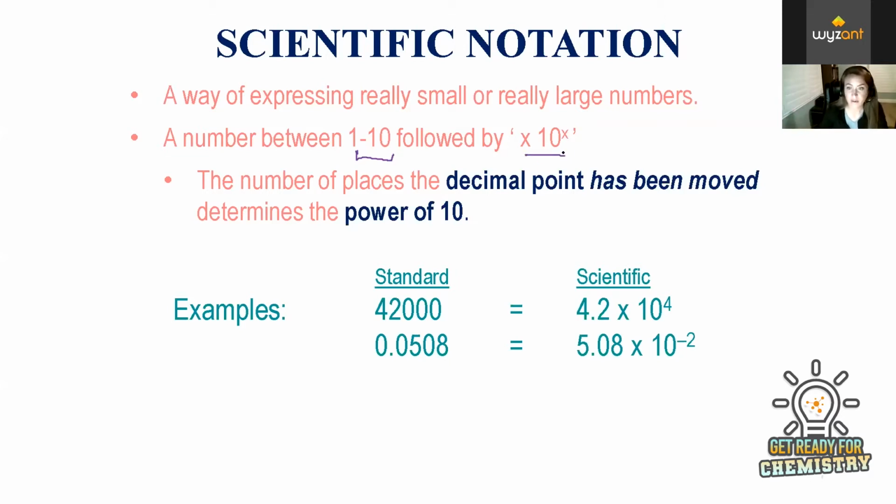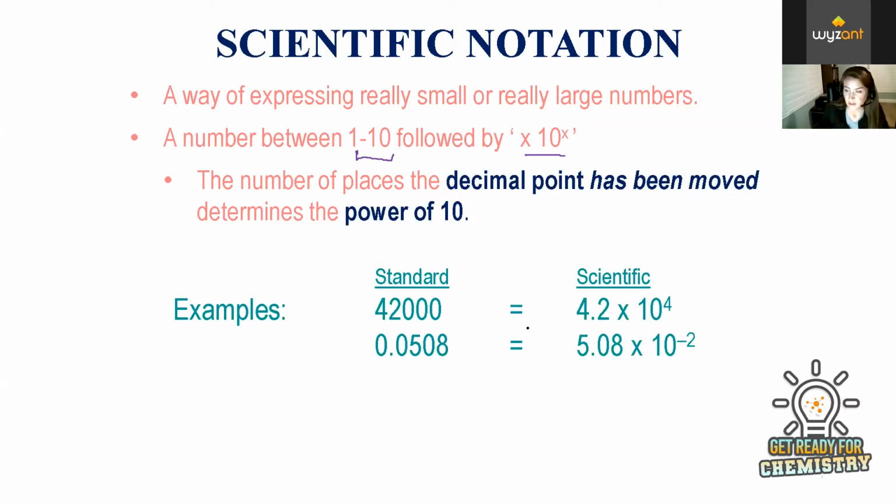The power is dictated by how many times the decimal point has been moved to change the number to a number between 1 and 10. That's the important part: scientific notation always involves a number between 1 and 10, and then times 10 to some power, indicating really how large that number is or how small.